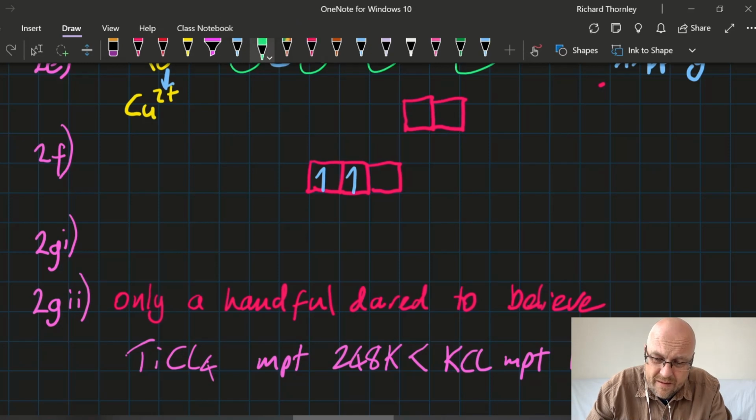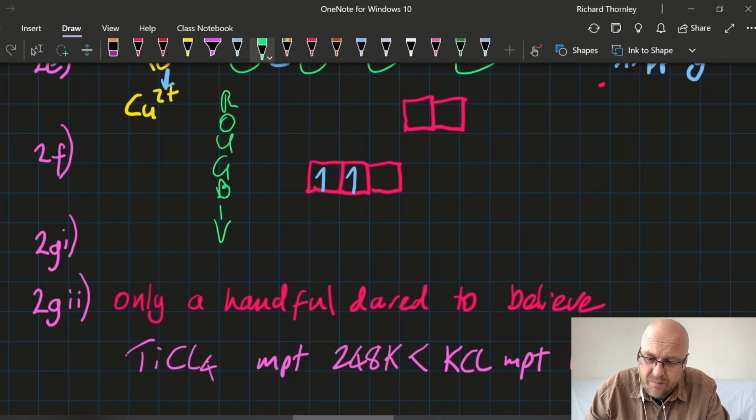The third point is that if you shine a visible light, Roy G. Biv, then one of the electrons from the lower energy part of the d orbital will be promoted to the higher energy part.